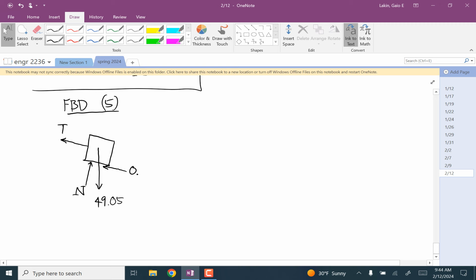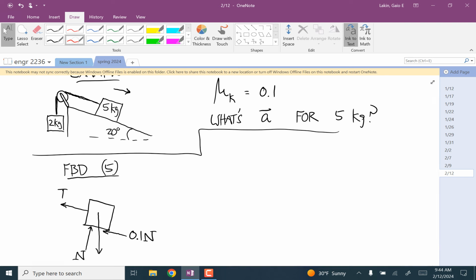And that's equal to 0.1 N. Notice that all of these force vectors are easy to represent in this coordinate system, except the weight force vector, right?